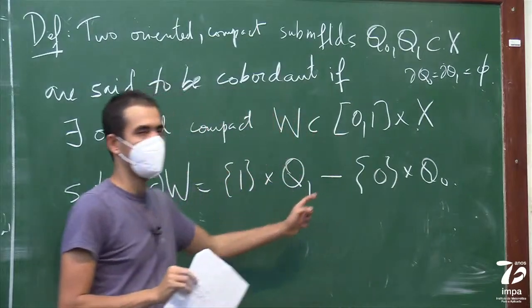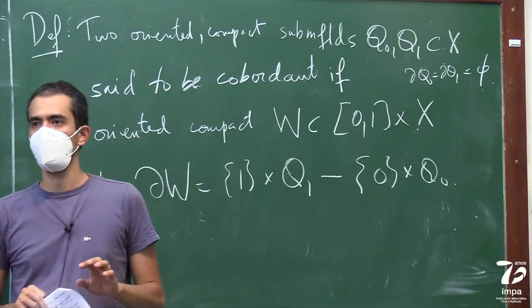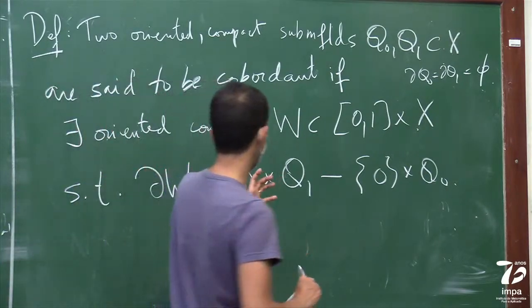When I say minus, I really mean union with this other one with the opposite orientation. So this is what it means to be cobordant.